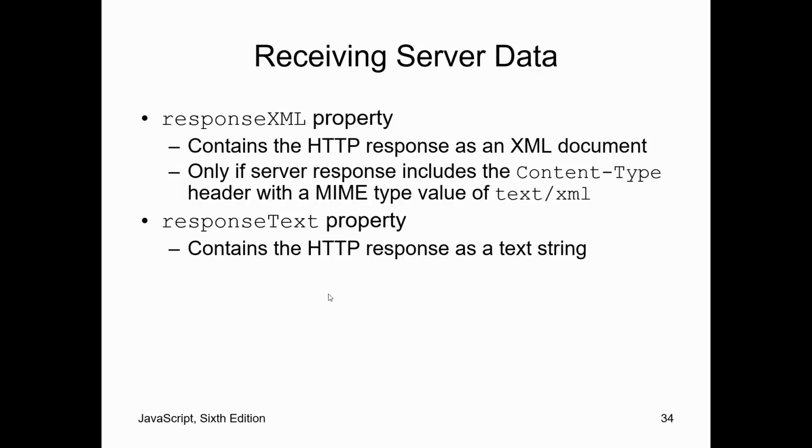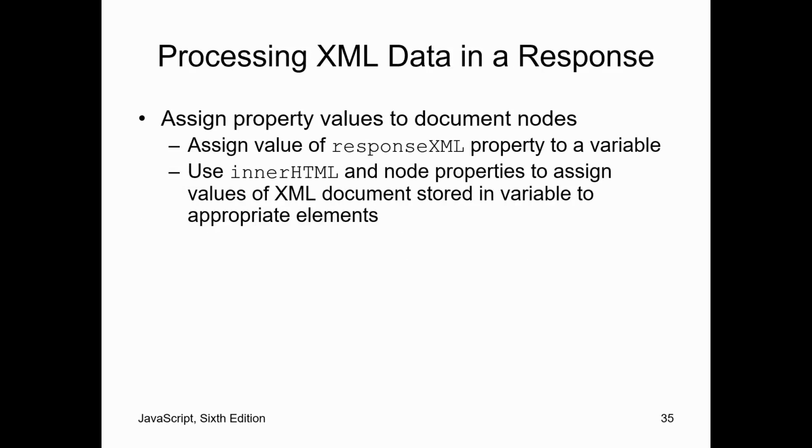The response XML property right there, as it says, contains the HTTP response. There are tools that you can run for this that will dig through and show you everything that's happening. You can assign property values to document nodes. Remember the DOM, the document object model?